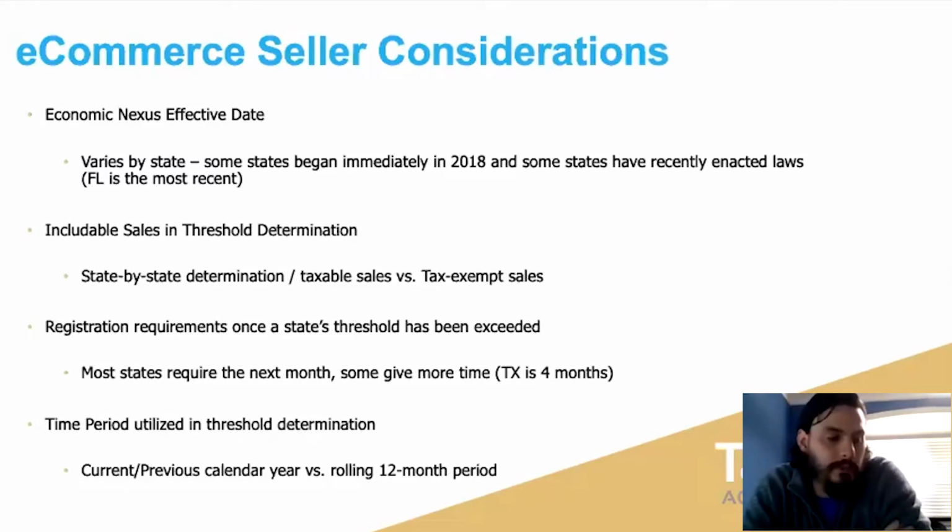So, I wanted to get into a little bit of just considerations for e-commerce sellers in general. If you think about how all this played out, I think these rules were targeting big companies, right? Like, and we'll get into Amazon a little bit later, companies like Amazon, Wayfair, Overstock, any website that has a huge online presence, that was the goal.